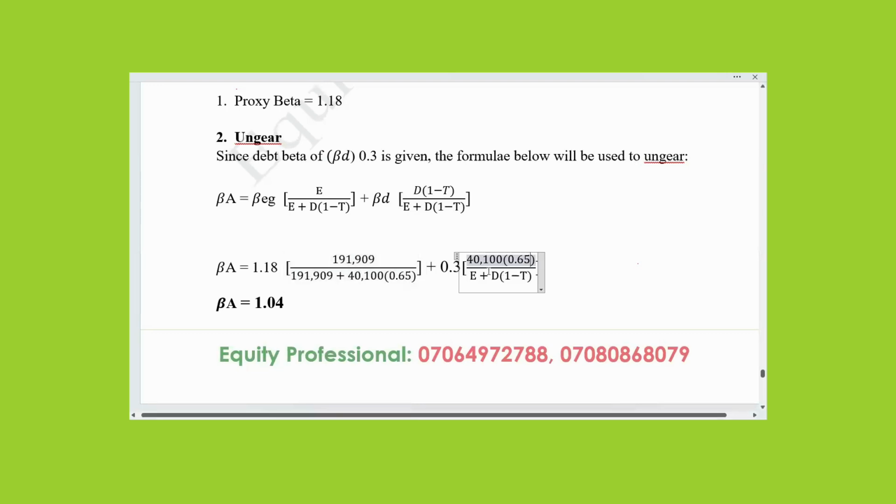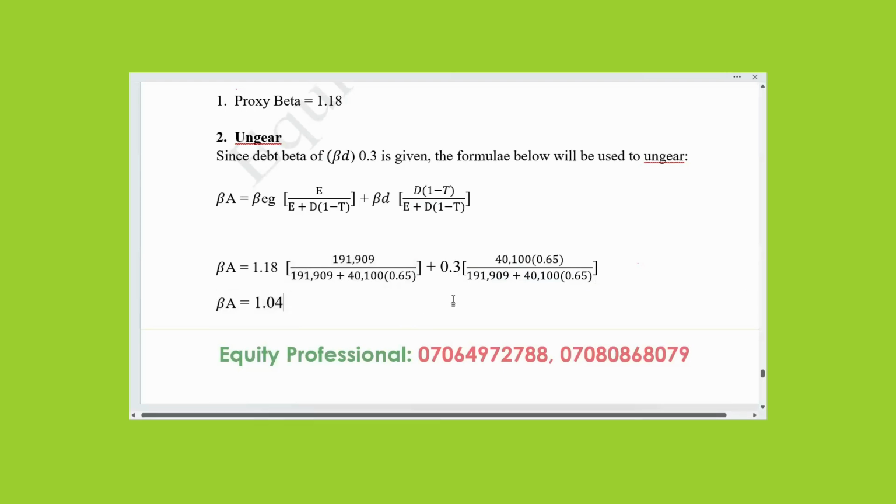Then also, I just copy what you have here to the other side. All right. So we have done the one on the left before. That's how we got this 1.04.